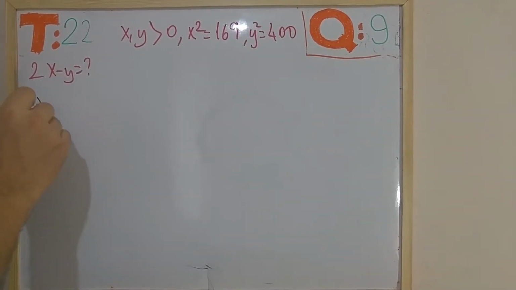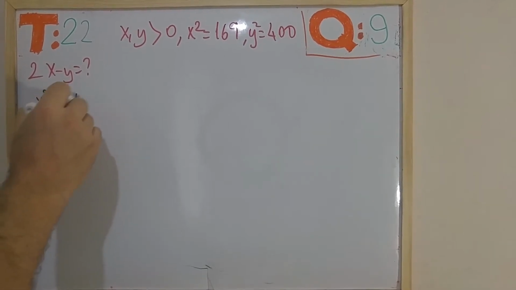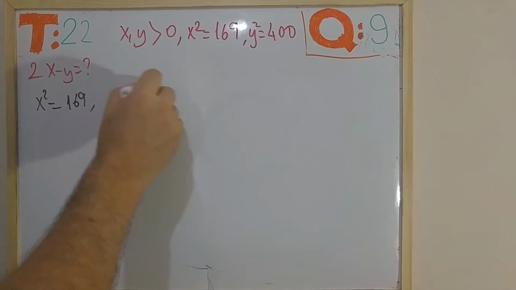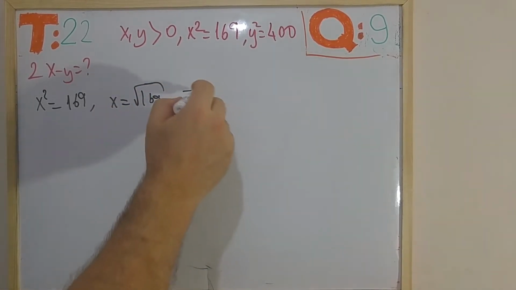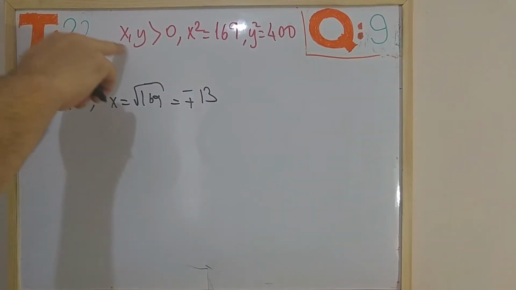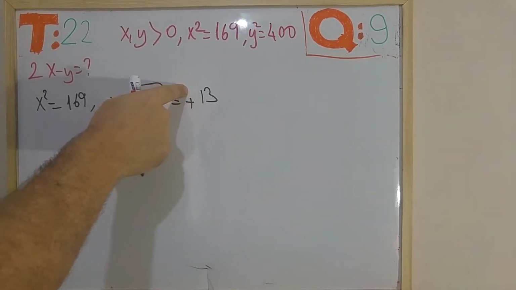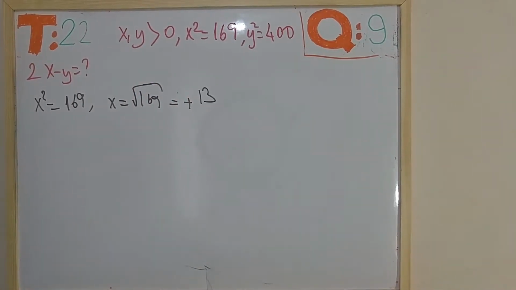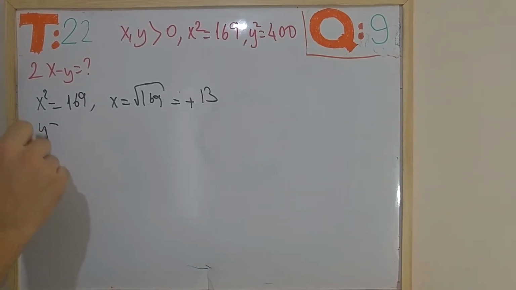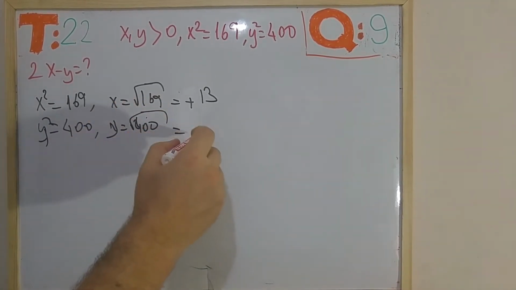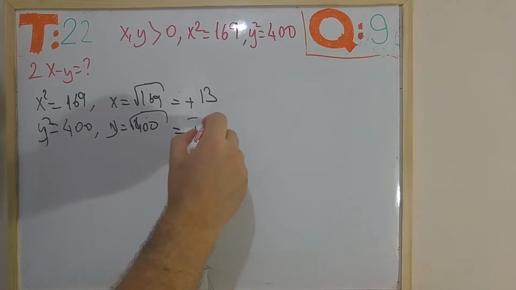Question: x squared is equal to 169, therefore x is equal to the square root of 169, which is equal to plus or minus 13. But since x must be greater than 0, I don't care about the negative value of it, so x is equal to 13. Similarly, y squared is equal to 400. Therefore, y is equal to the square root of 400, and y is equal to plus or minus 20.